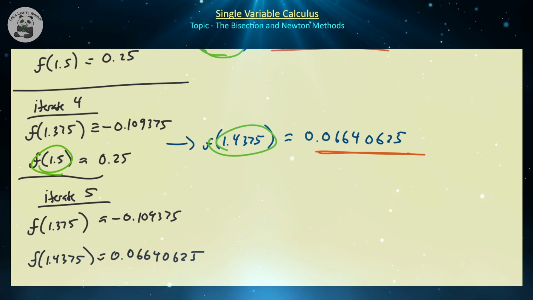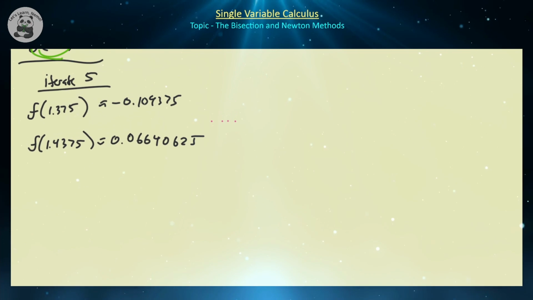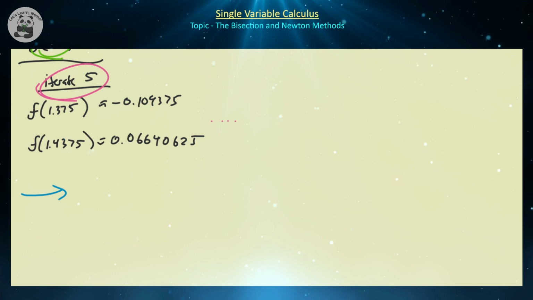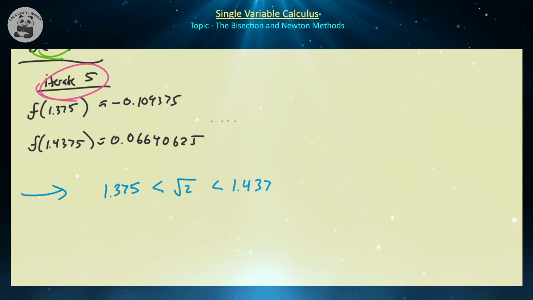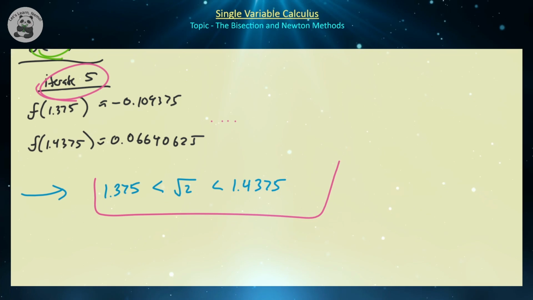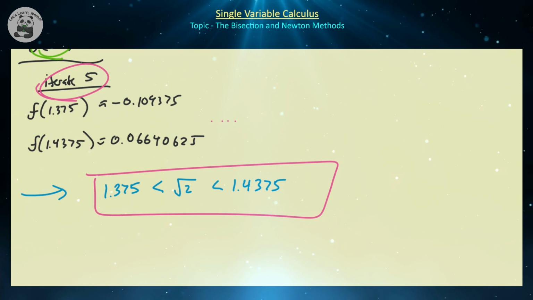And we can continue on and on and on. But if we stop at iterate number 5, then we can say what? That means the square root of 2 is strictly between 1.375 and 1.4375. And that gives you an approximation for the square root of 2. And that's after 5 iterations.